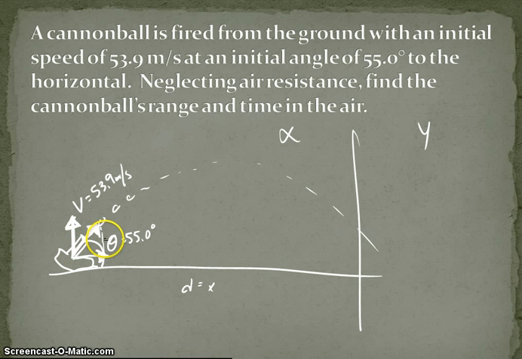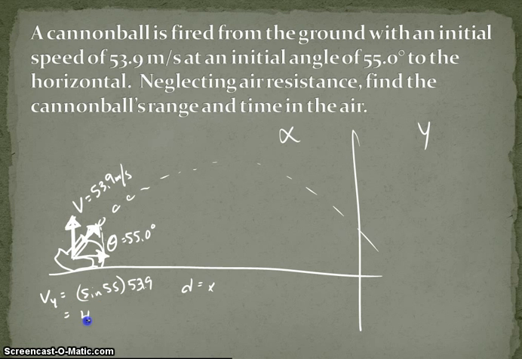So to find this velocity in the y direction, I'm going to take the sine, okay, velocity now in the y direction is going to be the sine of my 55 times the hypotenuse, 53.9. So I'm going to take my 53.9 times sine of 55.